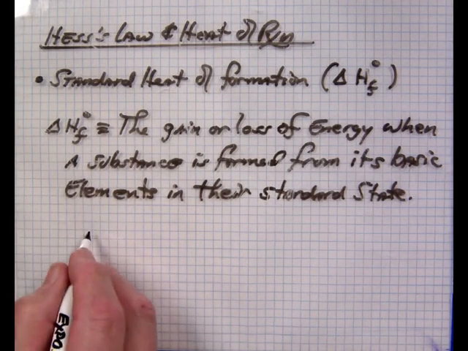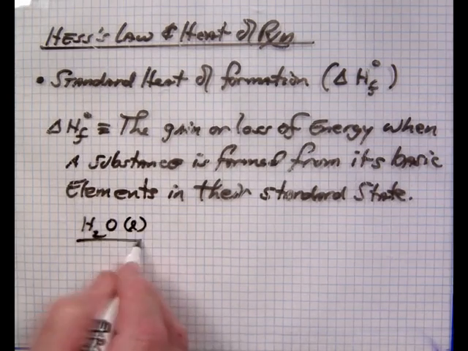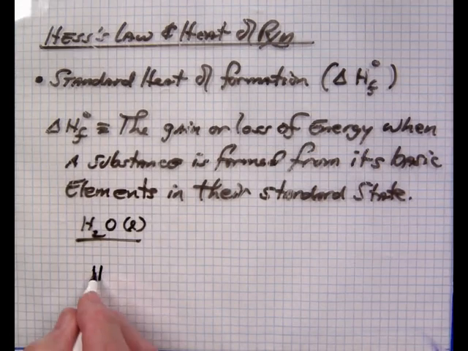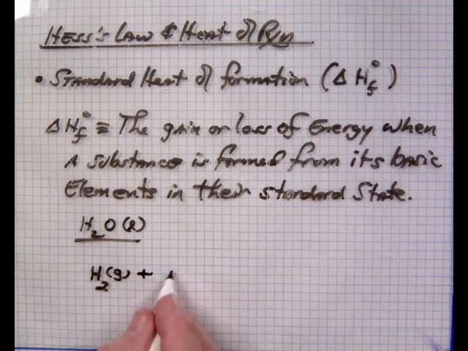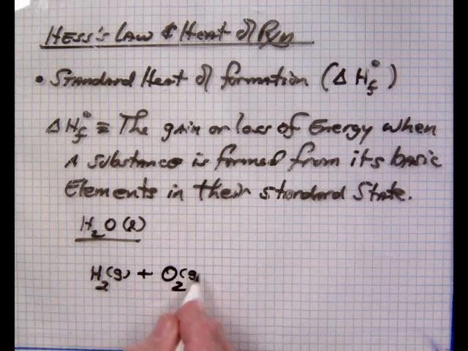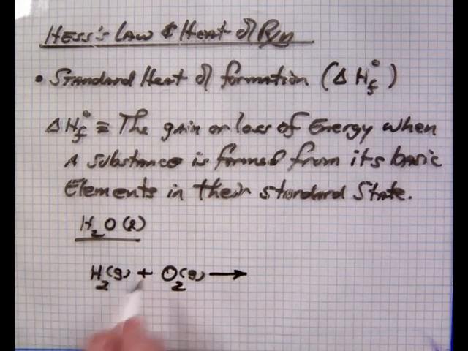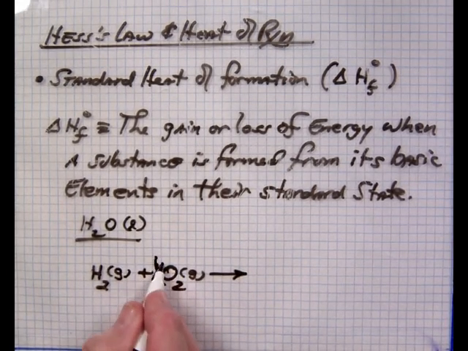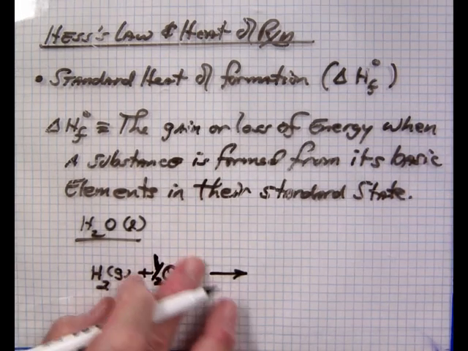For water, we'll use liquid just because everybody's used to that. What's the standard state of hydrogen? Well, it's one of the diatomics in gas form. Well, what's the standard state of oxygen? Well, it's a diatomic also, like that. So we write those down, and we put an arrow like that, and just for grins, I'm going to use a half right there, okay? Half mole. Oh, that's messy.